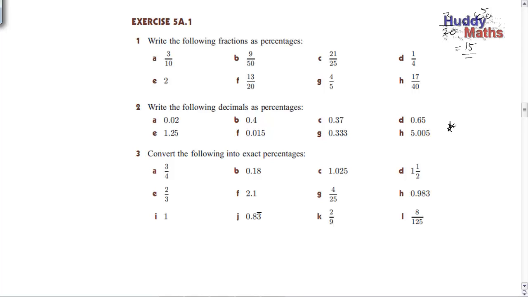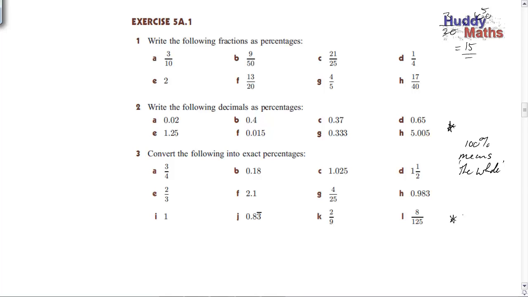Okay, and it might be important to realise that 100% means the whole. 100 out of 100 means the whole lot. The whole. Okay, 100 squares coloured out of 100 is 100%. Okay, and down here, the same sort of stuff.